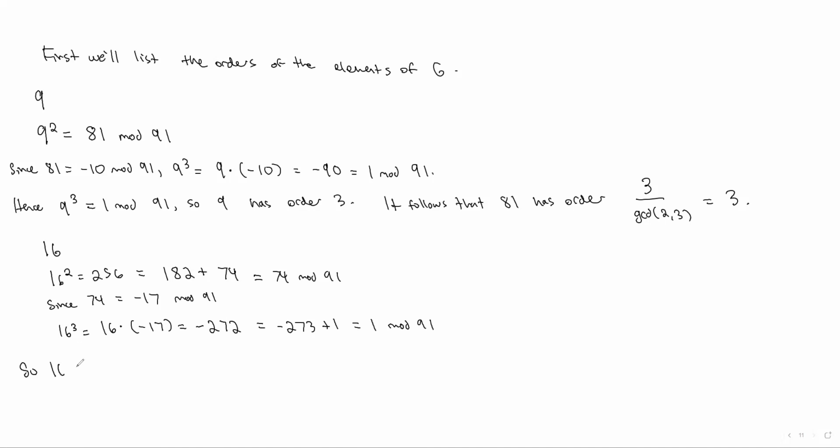So 16 has order 3, and it follows that 74 also has order 3, because it's a power of 16. If you know the order of g, you can figure out the order of g to any power. This is a theorem we learned. So it has order 3 over gcd(2, 3), which is 3.